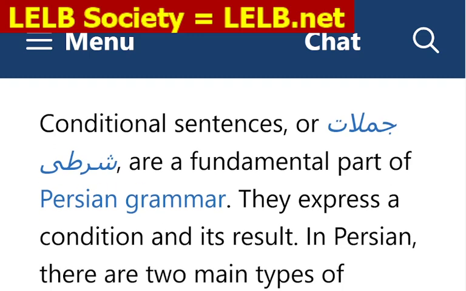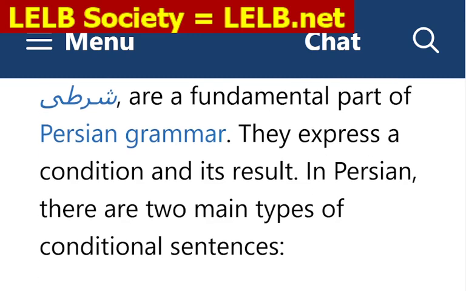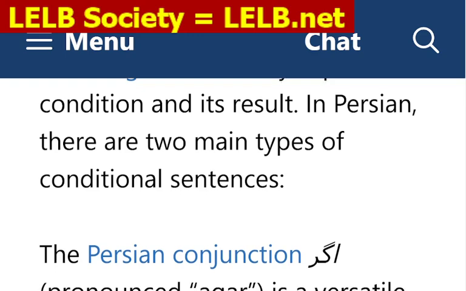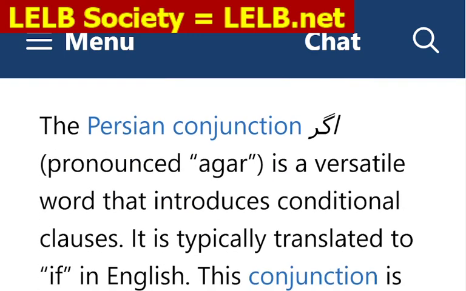Conditional sentences or جملات شرطی are a fundamental part of Persian grammar. They express a condition and its result. In Persian, there are two main types of conditional sentences or جملات شرطی. The Persian conjunction or واژگان ربطی, which is pronounced agar or age.